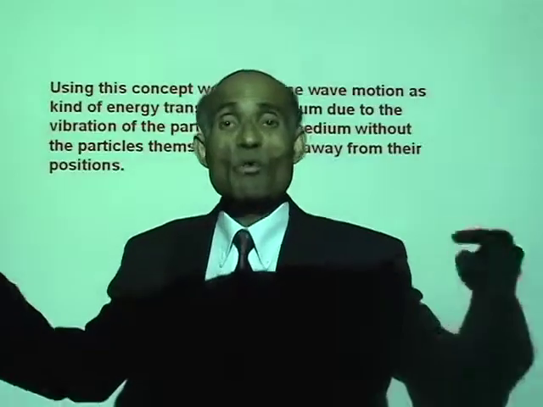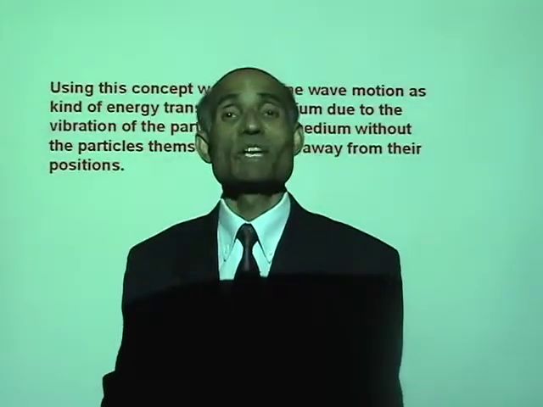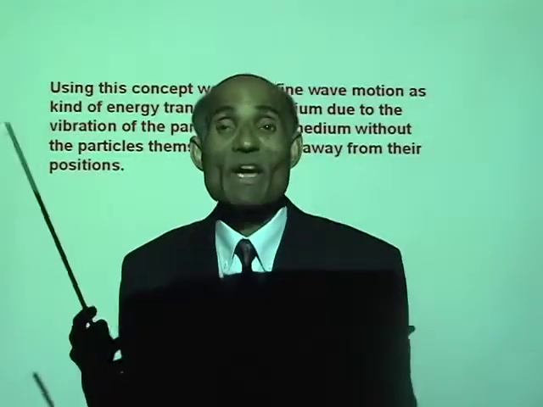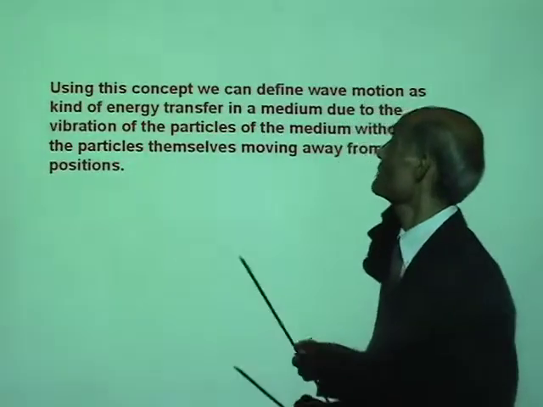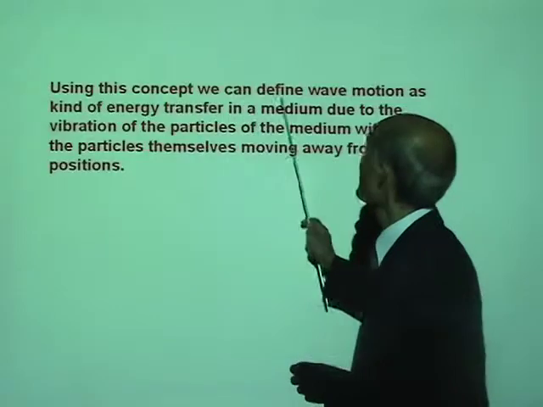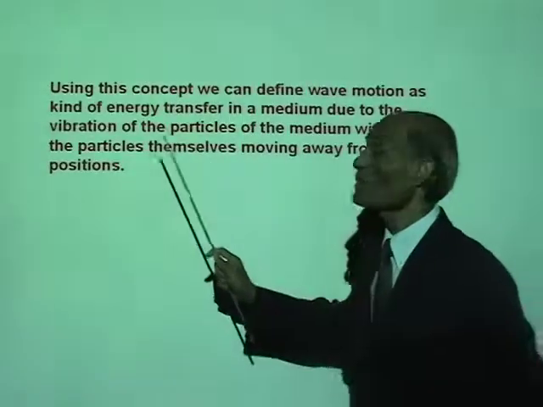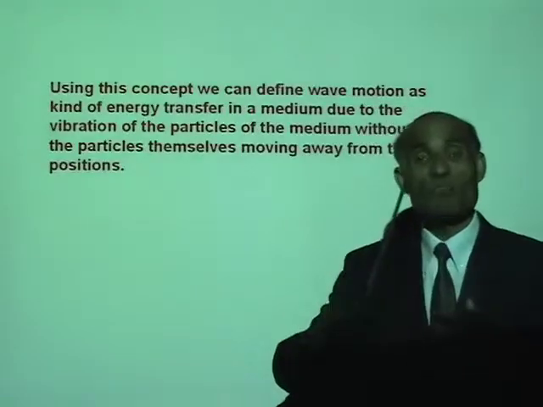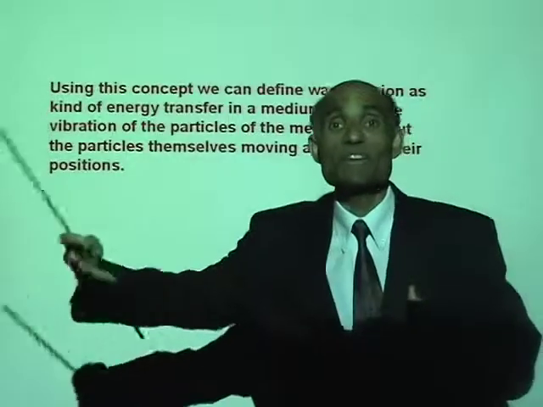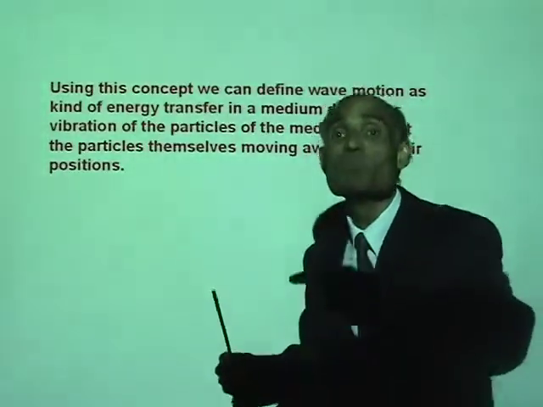Now, putting all these things together, we can now define wave motion. What is the definition for wave motion? So, we can define wave motion as a kind of energy transfer in a medium.